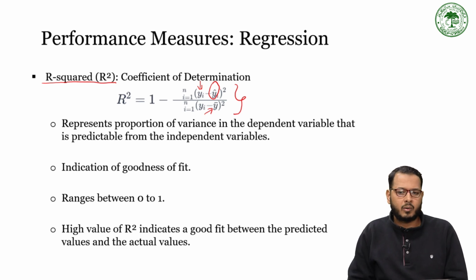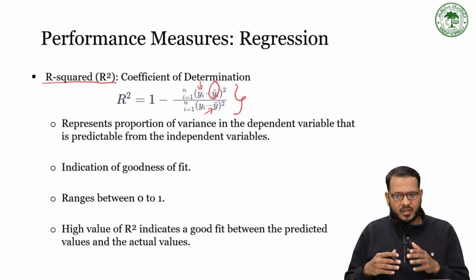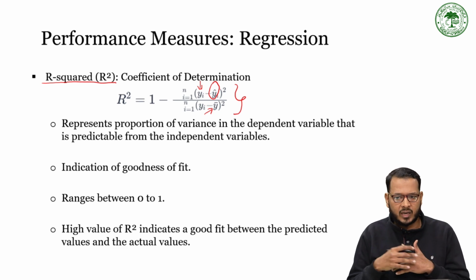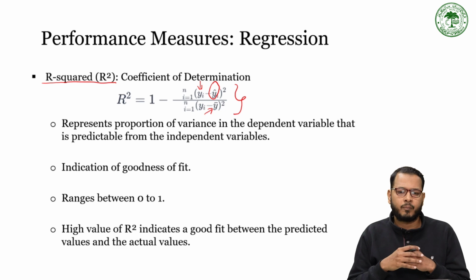So R squared, also known as the coefficient of determination, is a statistical measure that represents the proportion of variance in the dependent variable which can be predicted from the independent variables. This R squared is used to know how well our model captures the underlying pattern in the data. Also, it serves as an indication of goodness of fit of our model.